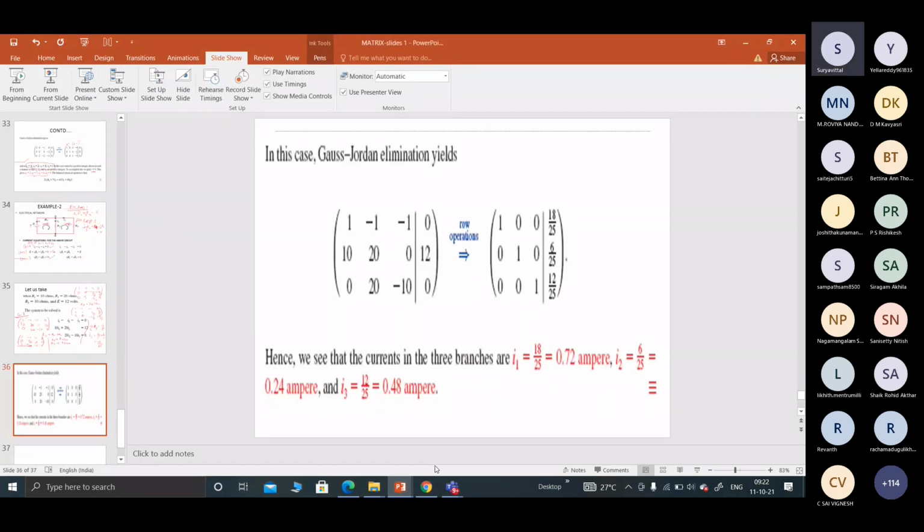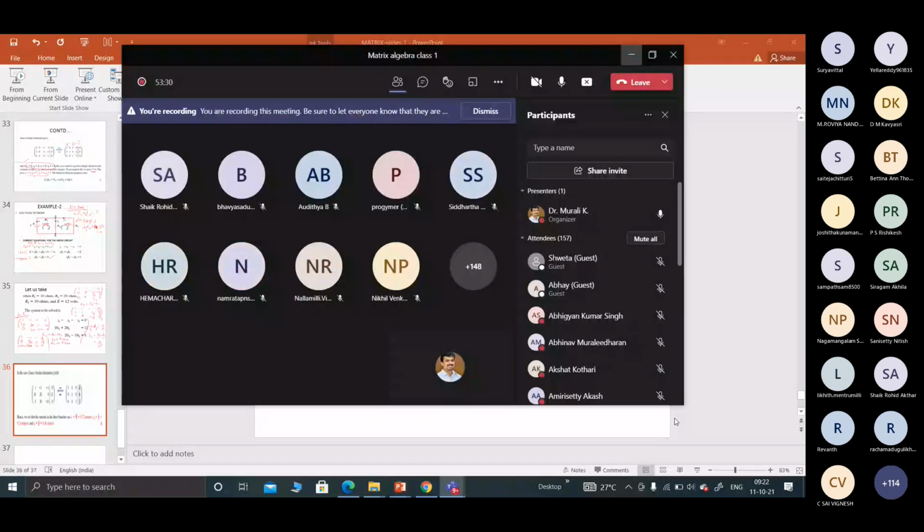Sir, could you upload all the class recordings, sir? Yeah, it will be automatic. Somebody was doing it. You can also access the recording. Sir, the Amrita email IDs were given day before yesterday, and we logged into that, sir.